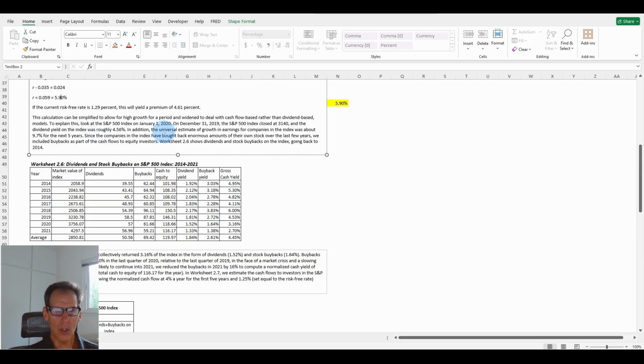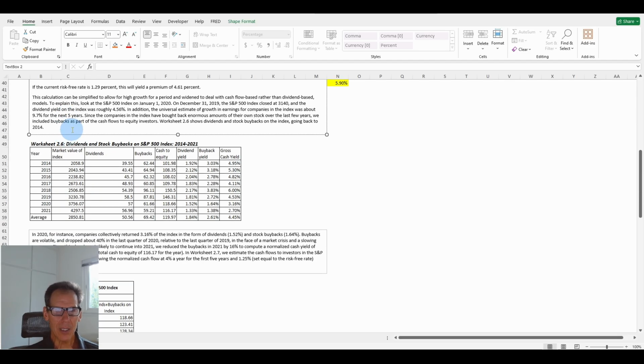In addition, the universal estimate of growth in earnings for companies in the index was about 9.7% for the next 5 years. Since the companies in the index have bought back enormous amounts of their own stock over the last few years, we included buybacks as part of the cash flows to equity investors.